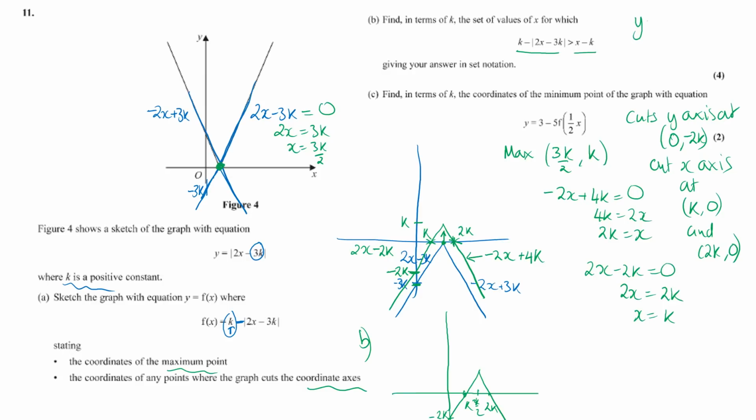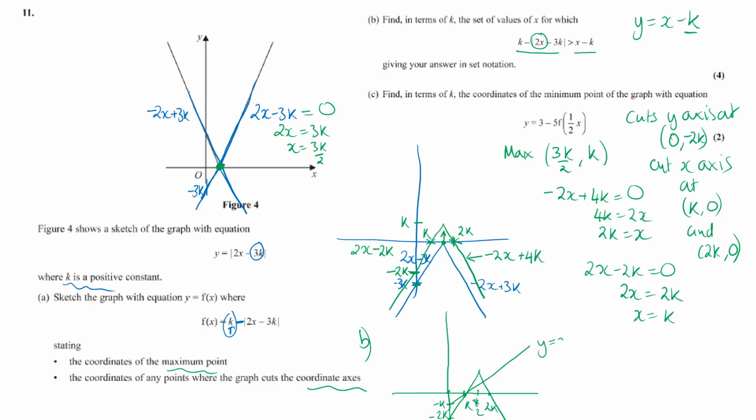Well, if you think of y equals x minus k, the gradient is not as steep as this one that's got a gradient of 2, and the y-axis intercept is minus k. So it's going to go through halfway back towards the origin there at minus k, and it's going to go through like that.